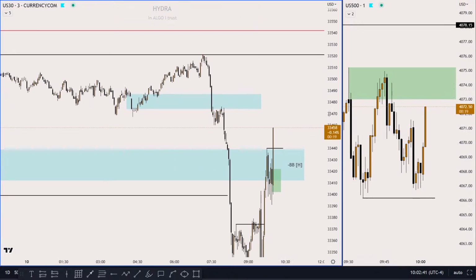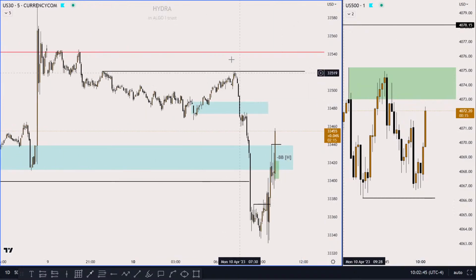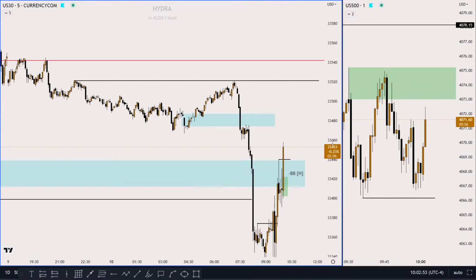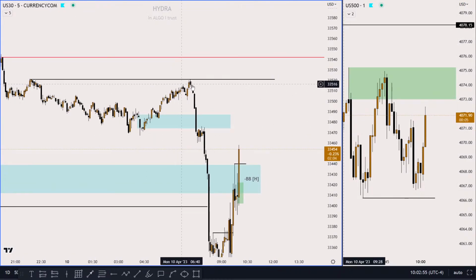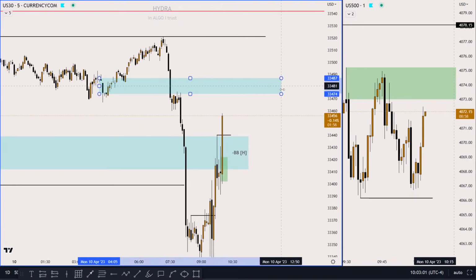I wanted to see price taking this relative equal high before all this down move, but price did not do that. Price just left this relative equal high, and I told you when I started the stream, I marked this relative equal high, and I told you that I don't like it. Right?